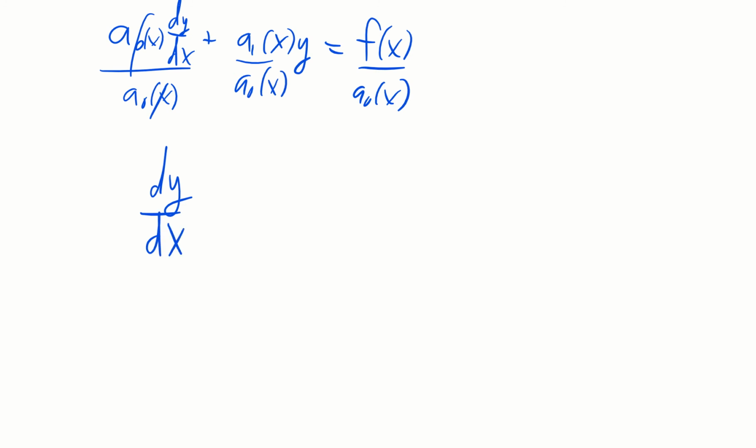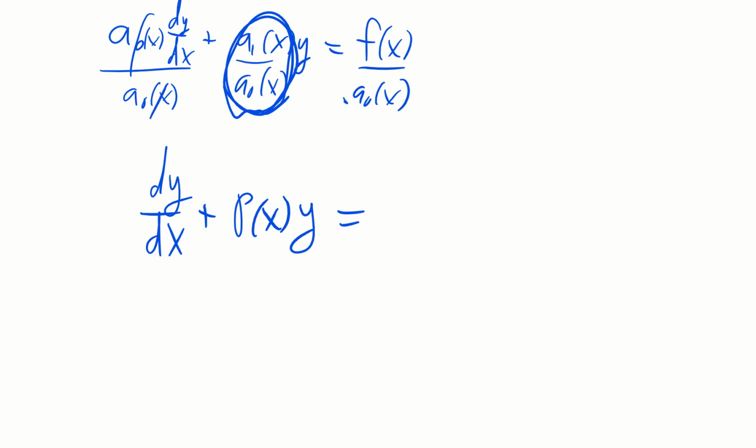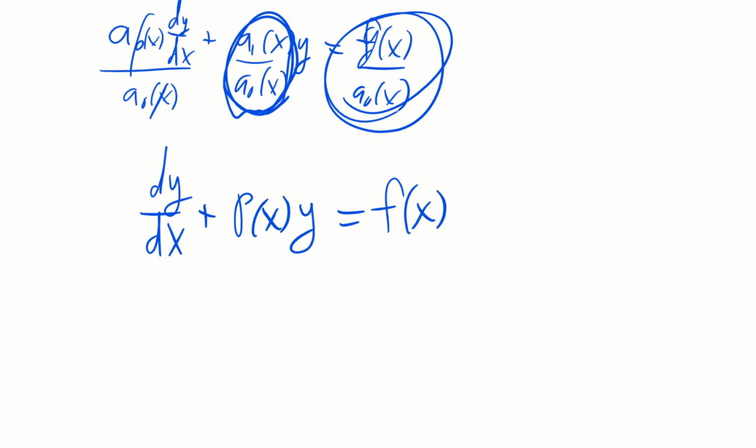Dy dx plus, if you look at this coefficient of y, it's still some function of x. We're going to call it p of x in this chapter, and then this thing is just some function of x. I think they might have called it g or f originally, but we'll call it f of x. It's not the same f we'd see here, but it's still going to be some function of x on the right-hand side. And this is going to be standard form for us. Again, the dy dx term and the y on the same side, and you want that derivative to have a coefficient of 1.